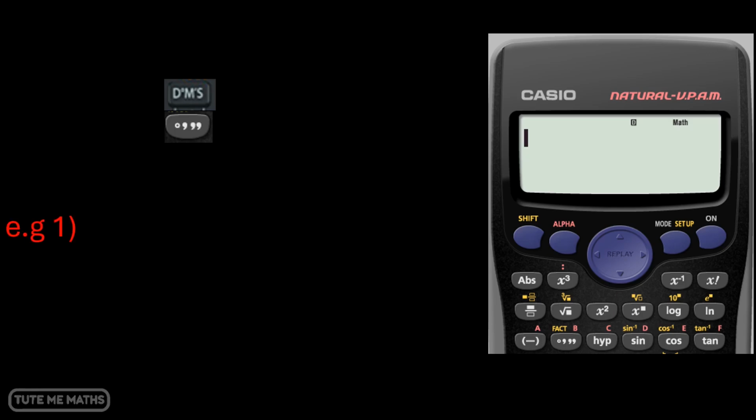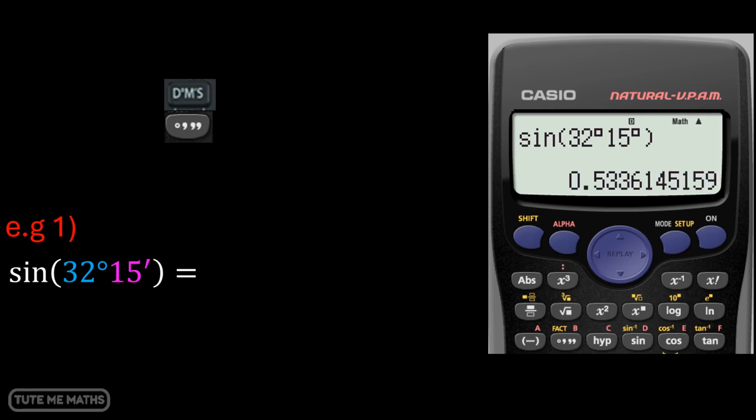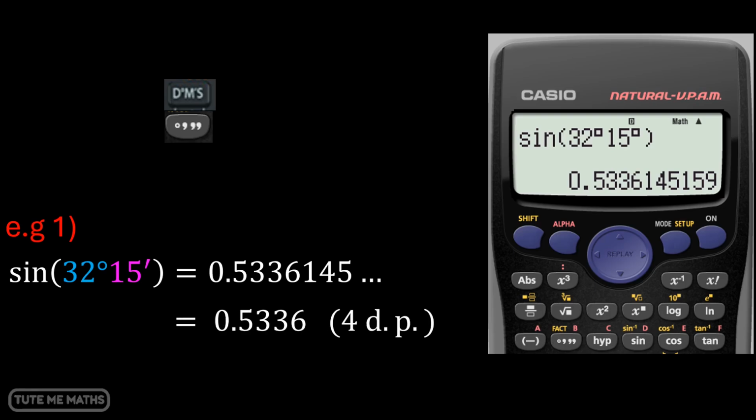Let's look at an example. If you need to calculate the sine ratio for 32 degrees 15 minutes, you simply tap sine, then type 32, DMS button, 15, DMS, close the parentheses, and pressing equals will give you the answer, which we then round appropriately or as directed.